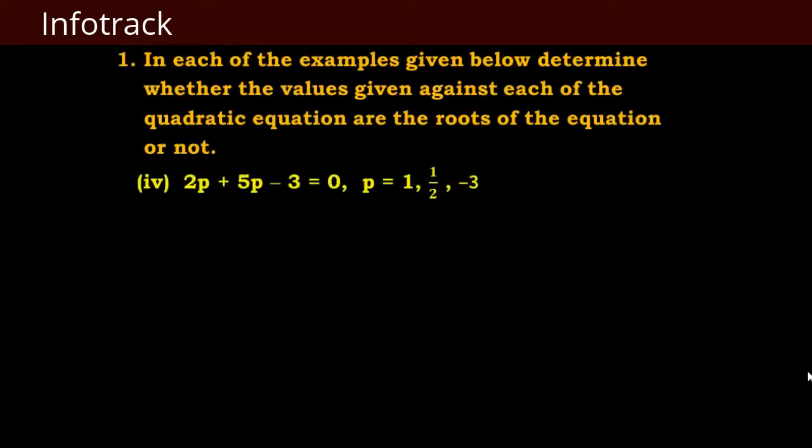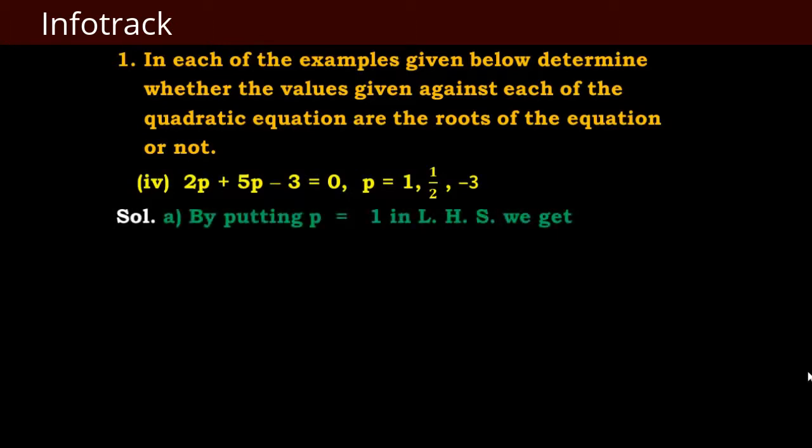See one more question. Question number 4. 2p square plus 5p minus 3 equals 0. This is the given equation, and in this equation we have p equals 1, 1 upon 2 and minus 3.